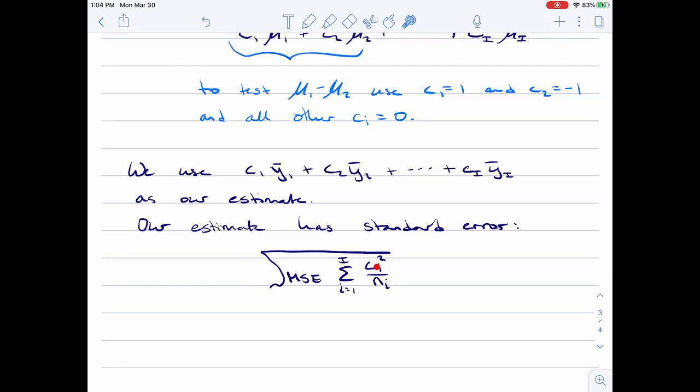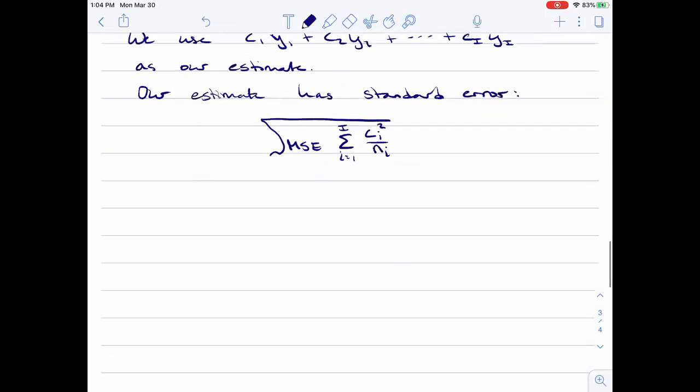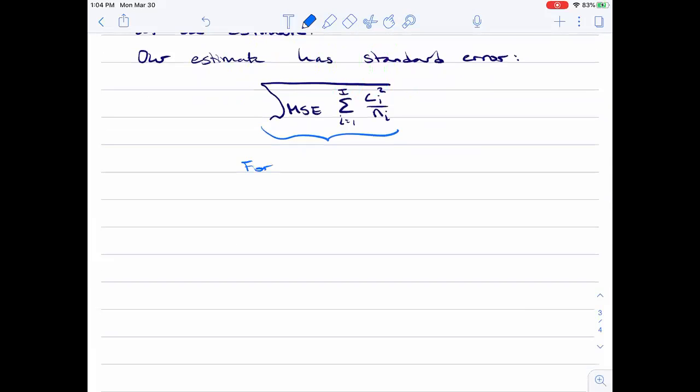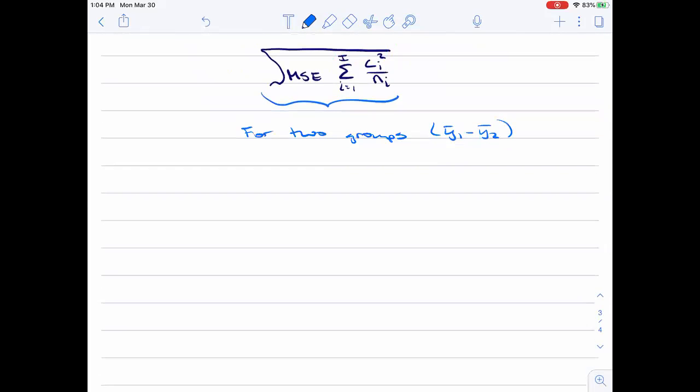And so this isn't that different. For two groups, y1 bar minus y2 bar, the estimate, the standard error would be the square root of the mean squared error times the sum of C1 squared over N1 plus C2 squared over N2, but C1 is 1 and C2 is negative 1.